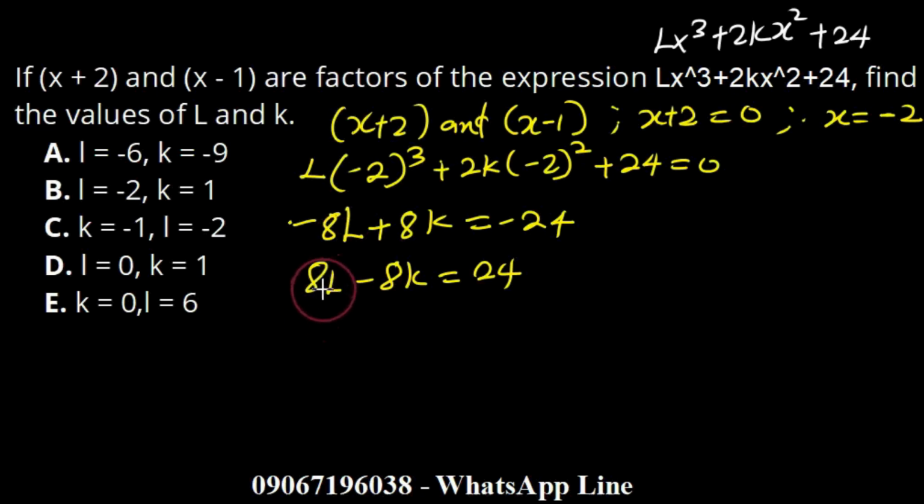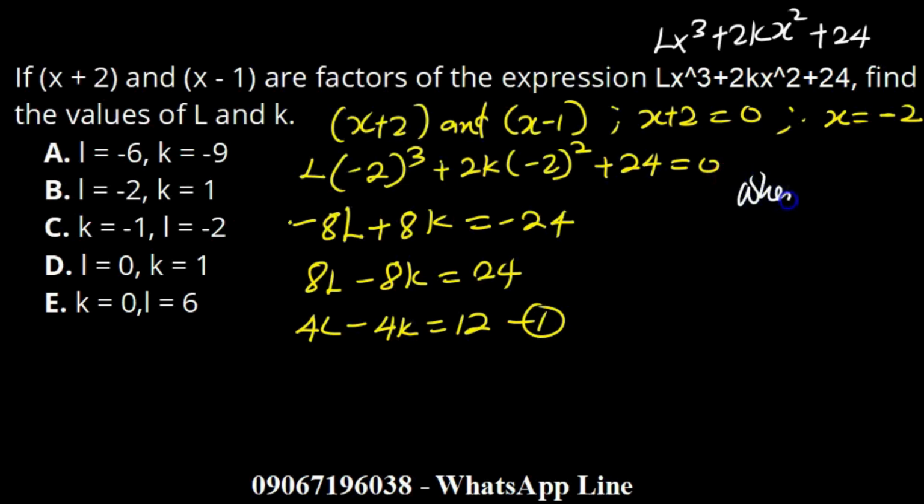Let's divide everything by 2. So this is going to give us 4L minus 4k is equal to 12. This is equation 1.